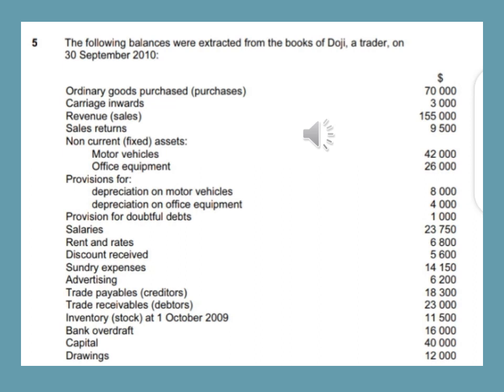Ordinary goods purchases, carriage inwards, revenue, sales returns, non-current fixed assets, motor vehicles, office equipment, provisions for depreciation on motor vehicles, depreciation on office equipment, provision for doubtful debts, salaries, rent and rates, discount received, sundry expenses, advertising, trade payables, creditors, trade receivables, debtors, opening inventory, that is on 1st October 2009, bank overdraft, capital and drawings.